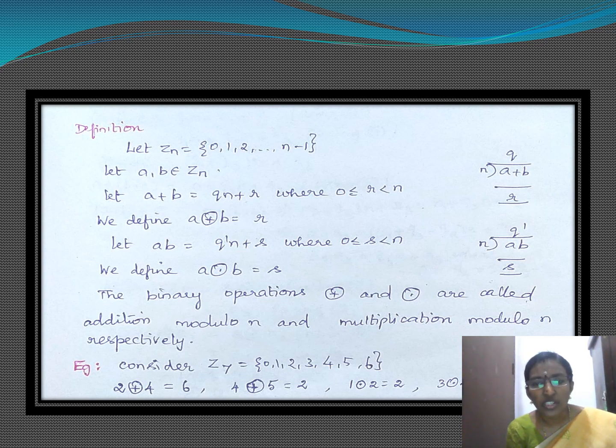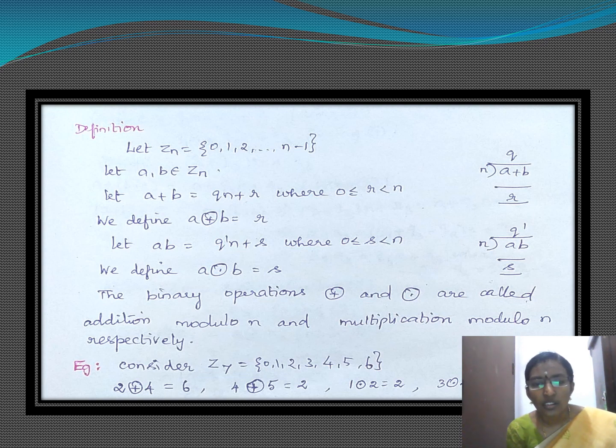For this definition, let me give an example, Z_7. Z_7 equals the set of all 0, 1, 2, 3, 4, 5, 6. Here we take 2 and 4, then 2 plus circle 4 is equal to 6. Likewise, 4 plus circle 5 equals 2.